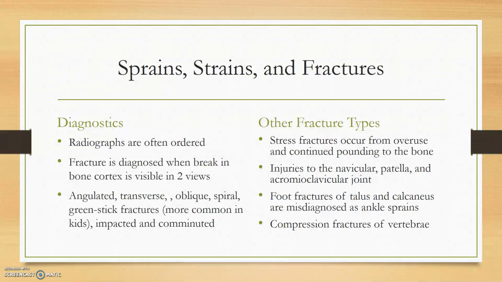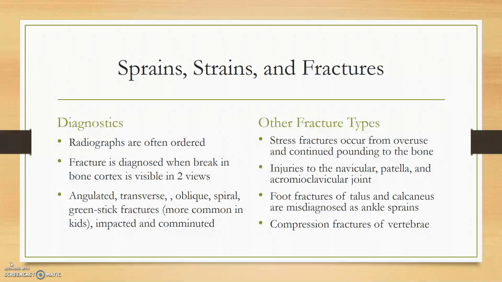I want you to look at the diagnostic section, and you really should know the difference between angulated, transverse, oblique, spiral, greenstick fractures, which are more common in kids because their cortex is softer, impacted, and comminuted fractures. So take the time. Very brief section, but very interesting, and we should know the differences when we read.